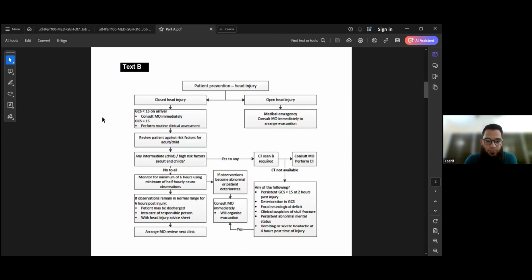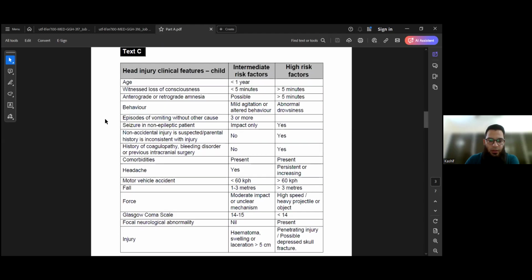Have a look at this one, text B. Okay, I'm scrolling down to text C. Again, take your time.